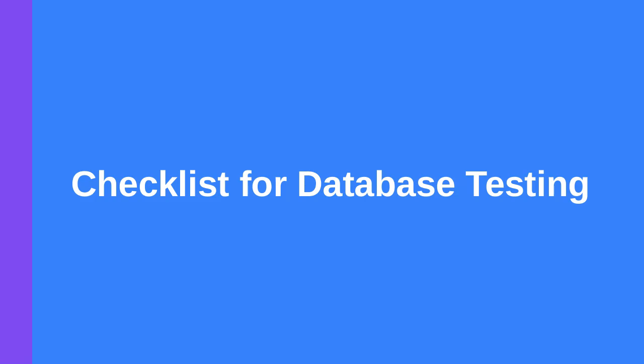Let's move to the next slide where we will discuss the checklist for database testing. This checklist serves as a practical guide to ensure all critical aspects of the database are thoroughly tested. It helps testers systematically verify data accuracy, integrity, and the behavior of database operations.